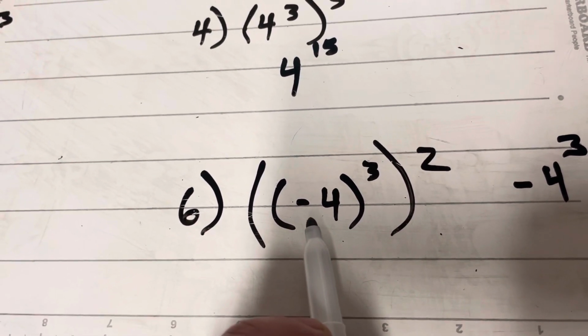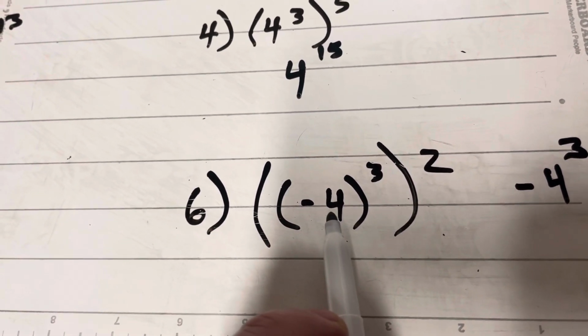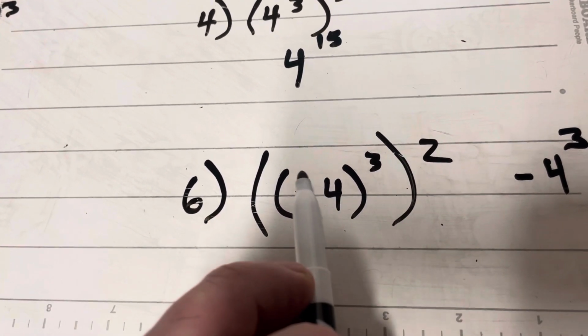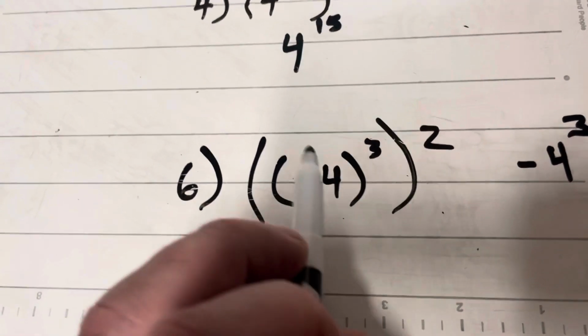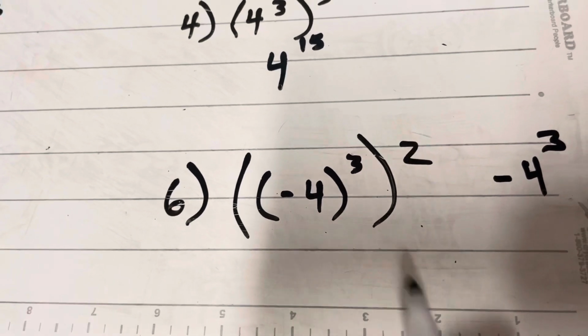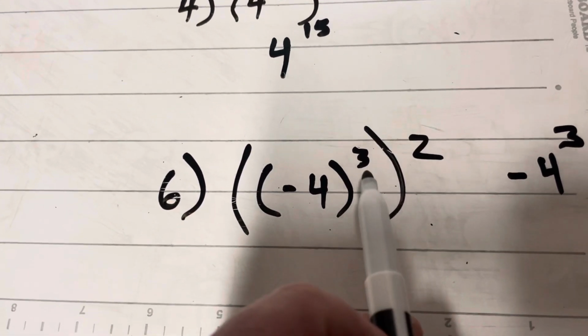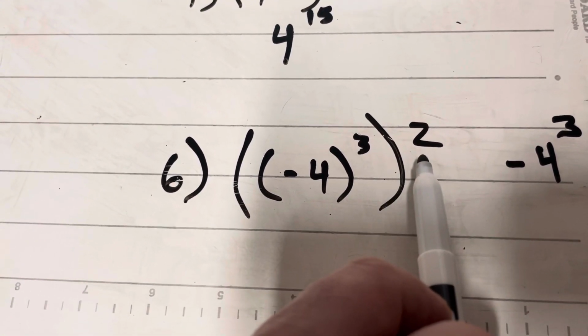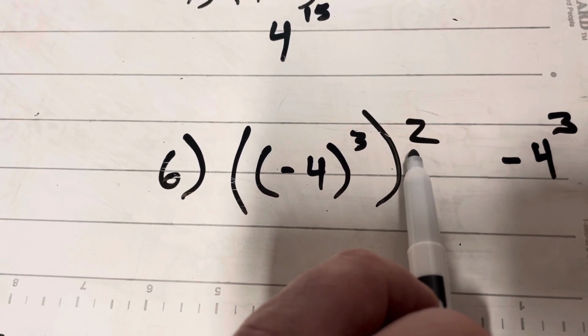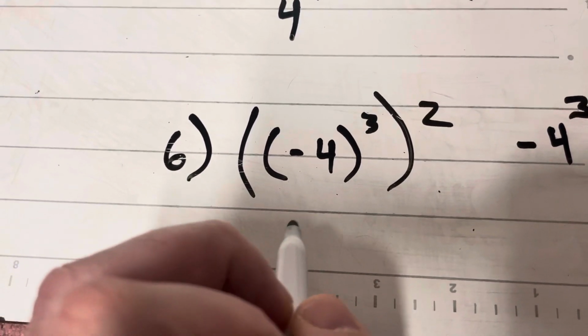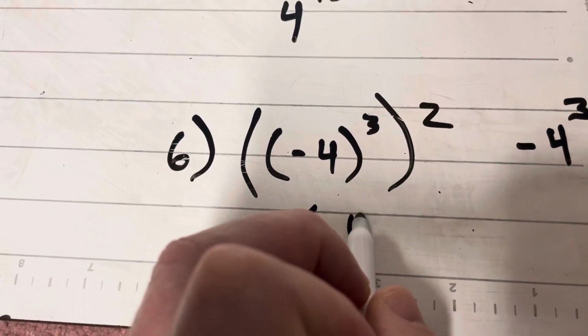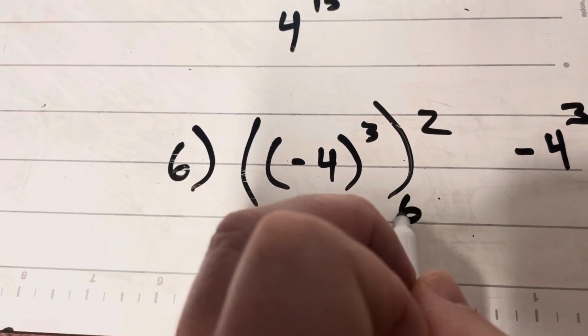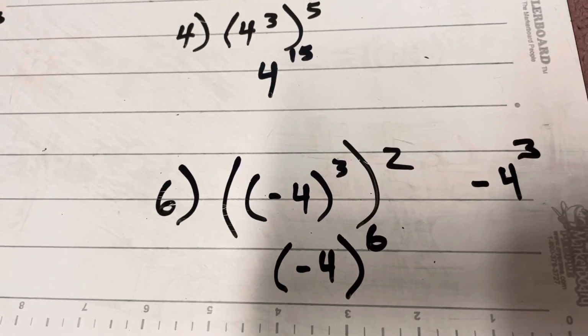So it's negative 4 times negative 4 times negative 4. That's why this is in parentheses, and then that whole thing is in parentheses because I want to put this 2 out here. So once again, I'm going to be doing 3 times 2, and that's 6. So this is actually going to become negative 4 in parentheses, and that whole thing to the power of 6.